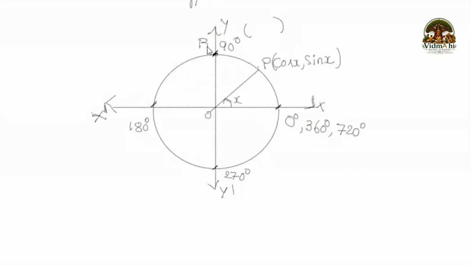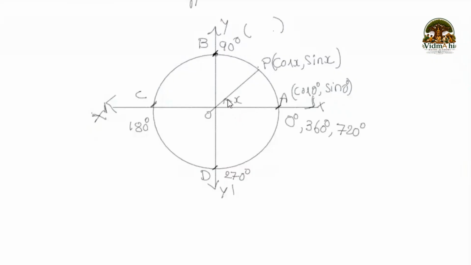This point is nothing but B, this point is nothing but A, this is nothing but C, this is nothing but D. Now first tell me the coordinates of A. Since it is in 0 degree and the initial ray angle is 0 degree, therefore coordinates are cos 0 comma sin 0. Cos 0 degree comma sin 0 degree.